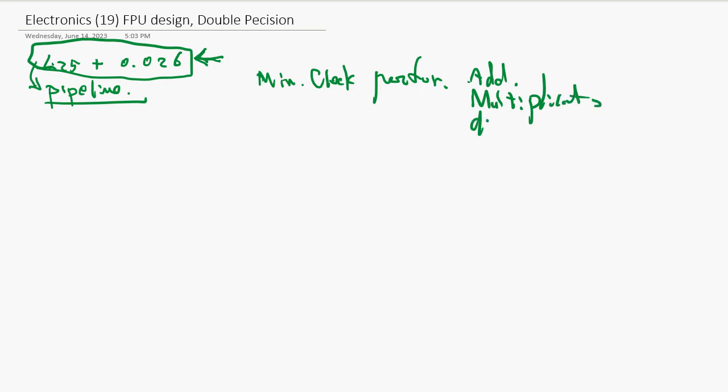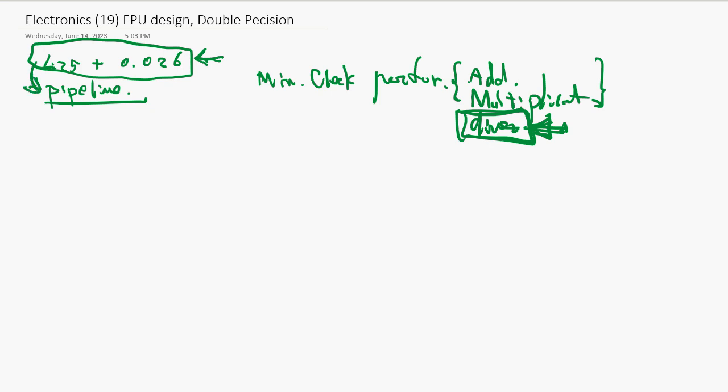Division is totally another subject. This hasn't really been resolved in the industry, how to do divisions. With scientific formulas, we avoid divide as much as possible and try to do everything by add and multiply.